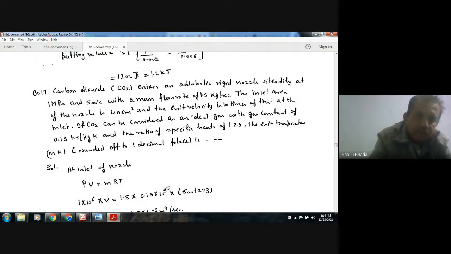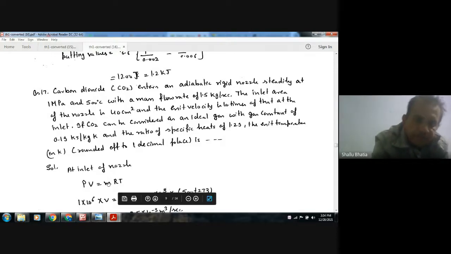If CO2 can be considered as an ideal gas with gas constant of 0.19 kilojoule per kilogram per Kelvin, and the ratio of specific heats is 1.29, find the exit temperature in Kelvin, rounded to one decimal place.